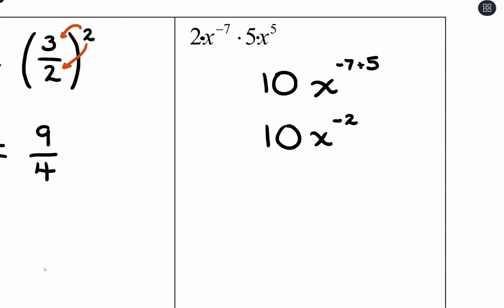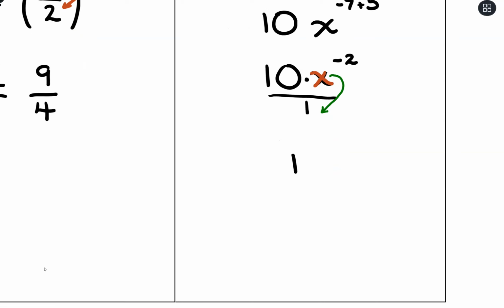And to make this completely simplified, we want to go the step to make every exponent positive. So that means the x is going to move to the denominator. Again, there's multiplication there, so the 10 is not going to move because only x has that exponent of negative 2. So we're going to have 10 divided by x in the denominator, now with a positive 2 exponent.